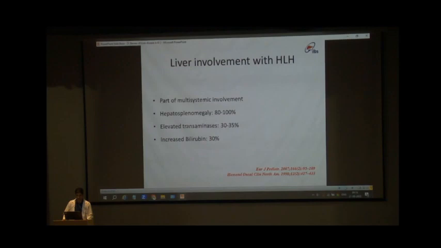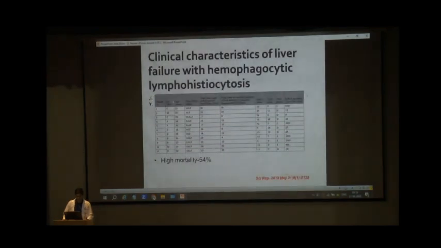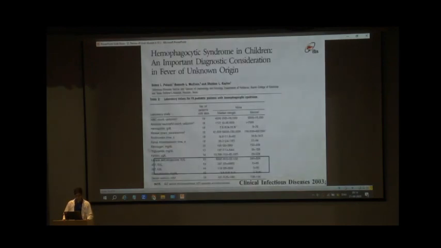Elevated transaminases can be seen in around 30% with high bilirubin in around 30%. So this review of around 11 cases with primary liver HLH found that the primary involvement of the liver with HLH is associated with high mortality in around 54% of the patients.